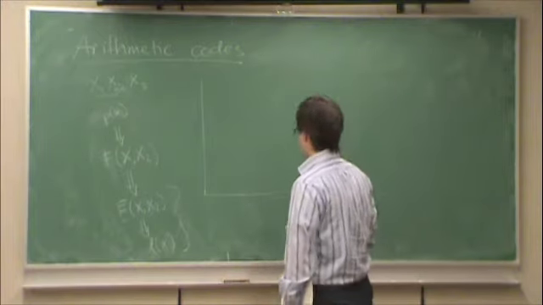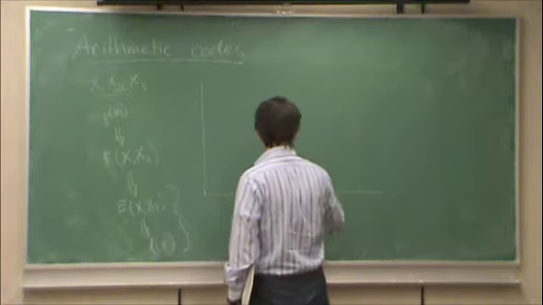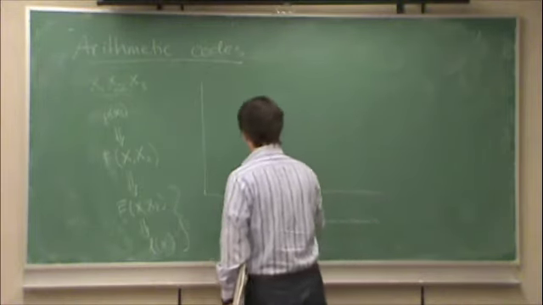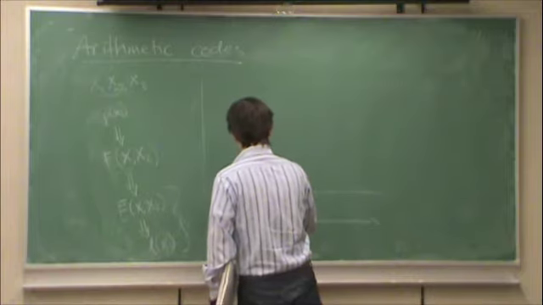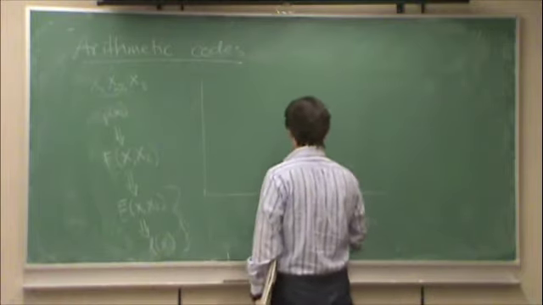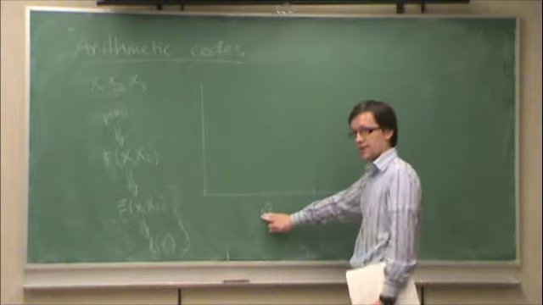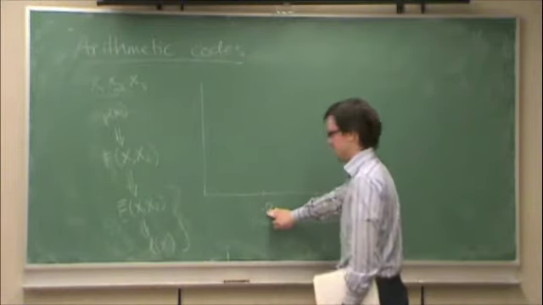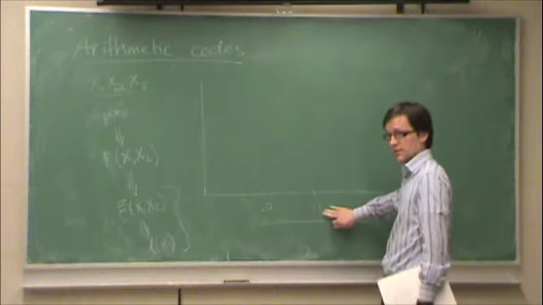So, how does this bifurcation work? Well, here's my number line from 0 to 1. Again, half of my numbers will have a leading digit of 0, and half will have a leading digit of 1.